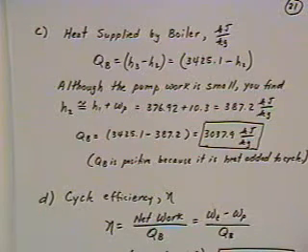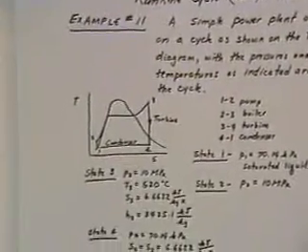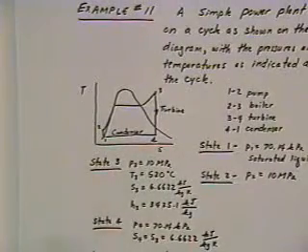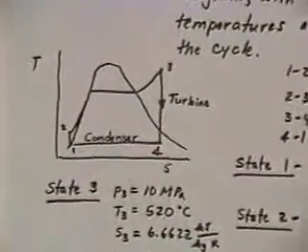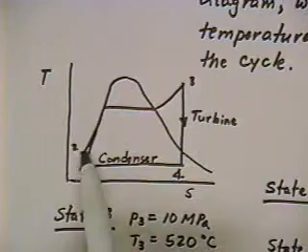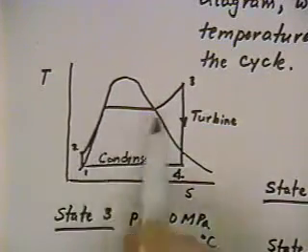Q in the boiler, let's go all the way back to our original cycle here just to make sure that we are on the same page. And let's zoom in just a little bit on this one. If we go back to our original cycle, then we know that the process from 2 up to 3 is involved with the heat transfer in the boiler.